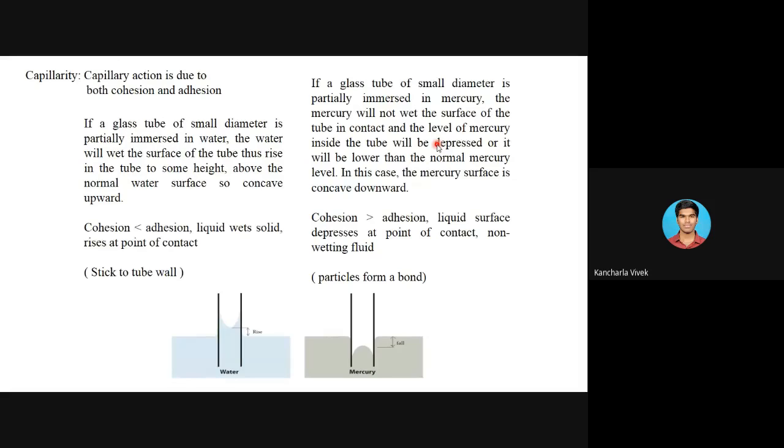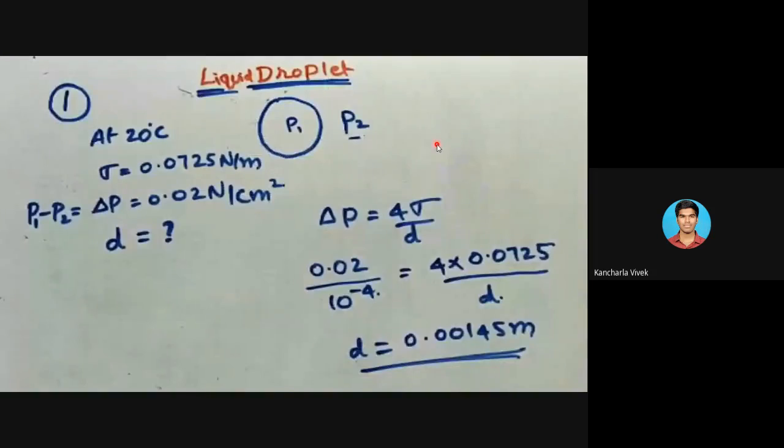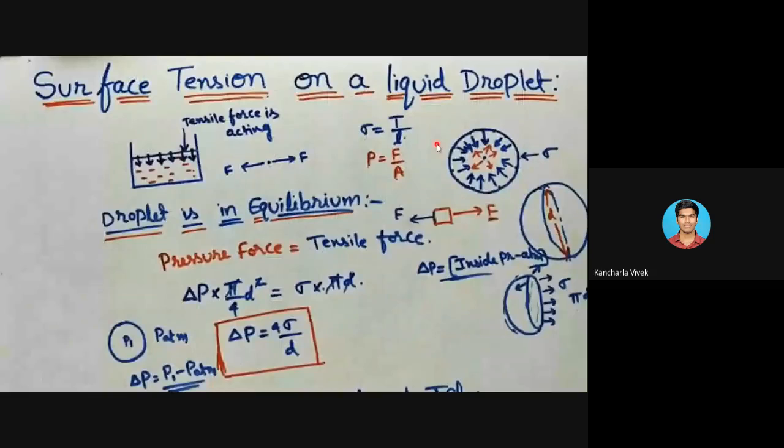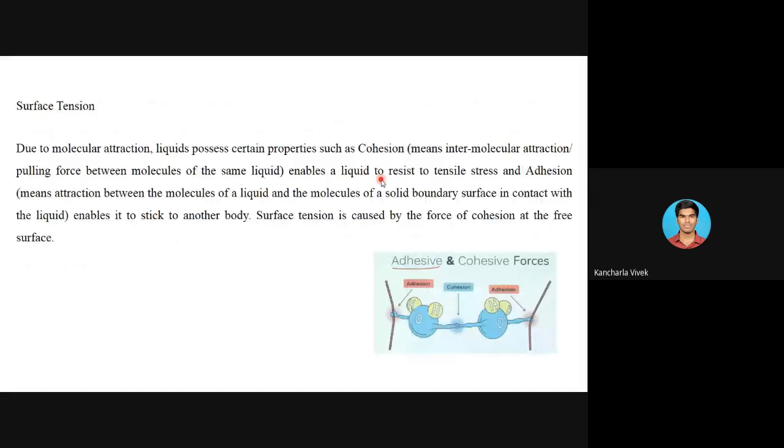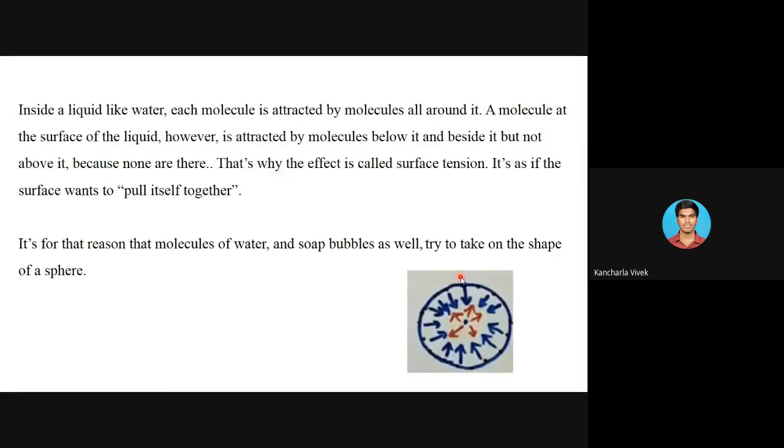So coming to the next property, that is capillarity. What did we see in surface tension? Surface tension was due to the force of cohesion, that is the force of attraction between the same molecules.